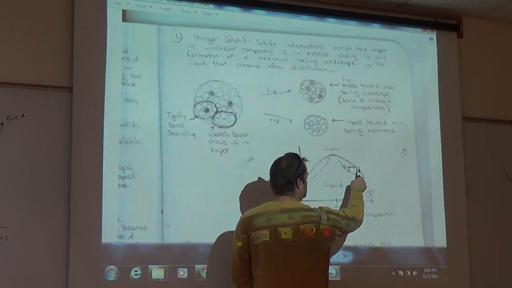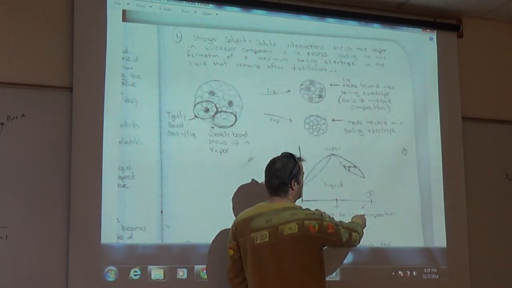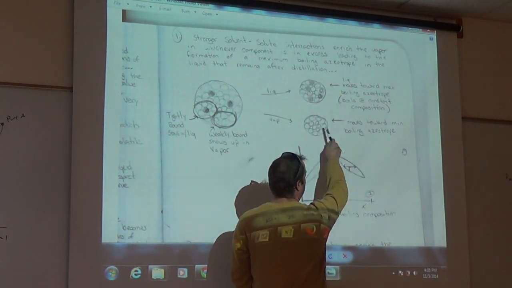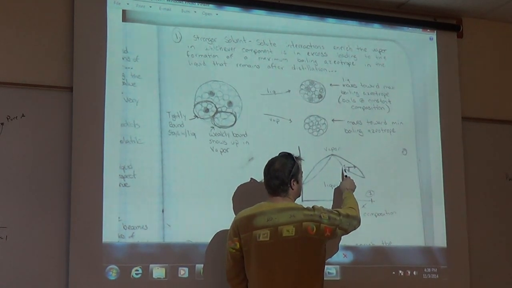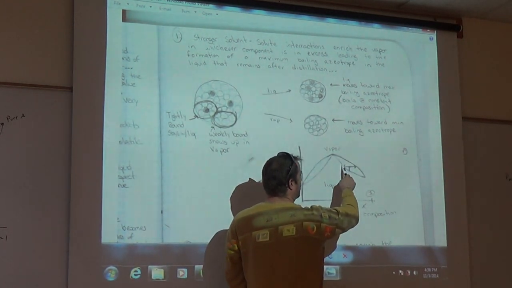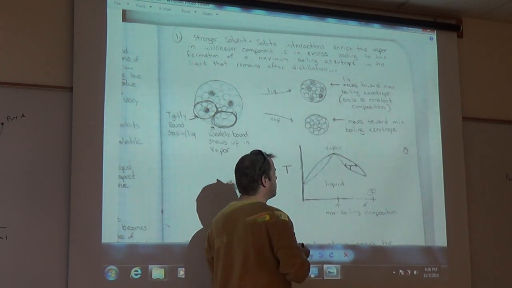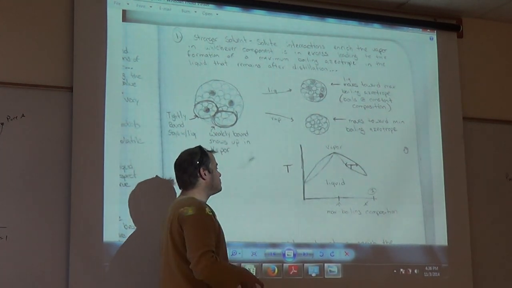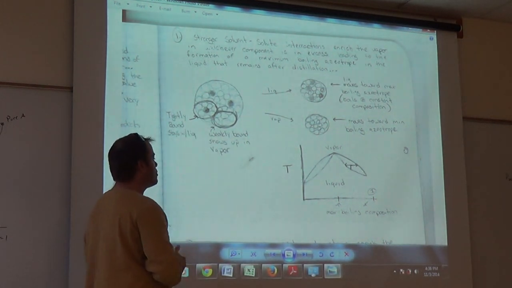The vapor is going to have an even higher concentration of the component that was in excess. And so the vapor is being pushed towards pure, and the liquid moves backwards in composition until eventually it gets to that point of the maximum boiling azeotrope. You can map that behavior out on the graph.